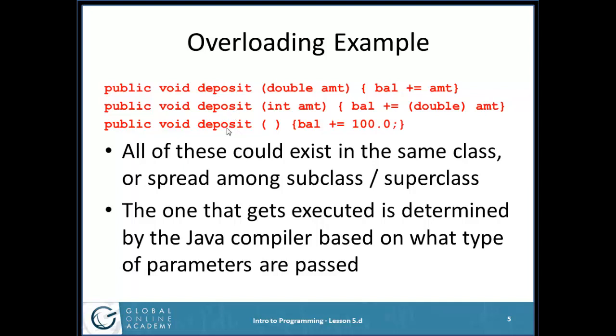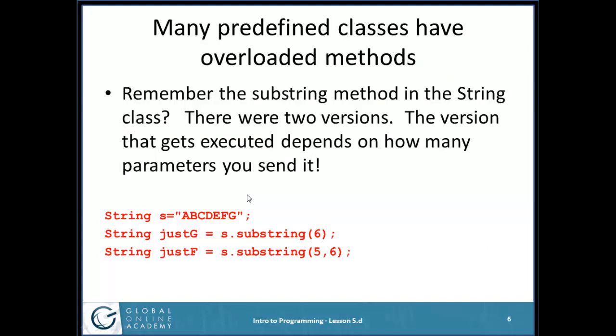Maybe two of these are in checking account and one of them is in bank account. The one that gets executed is determined by the Java compiler based on what type of parameters are passed. You pass nothing, it uses this one that has no parameters. You pass it an integer, it uses this one that takes an integer, and so on.